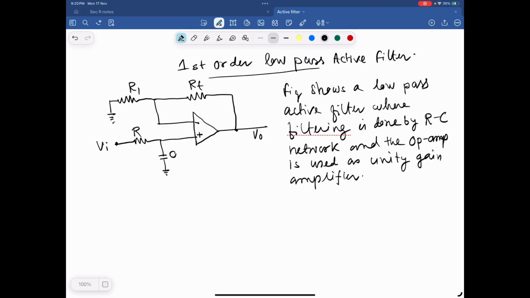Here all the voltages Vi, Vx, Vy, Vo are measured with respect to ground. Now where is Vx? So this voltage is Vx and this voltage is Vy and this voltage is Vo.